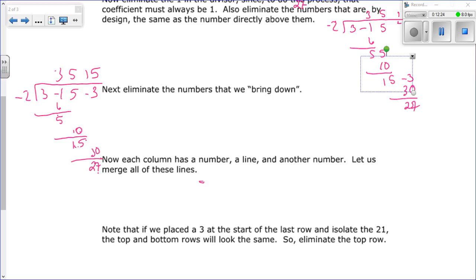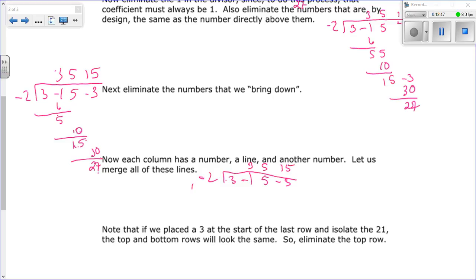So I will have negative 2 on the outside. And then I will still have my 3, my negative 1, my 5, my negative 3. My top is still 3, 5, and 15.